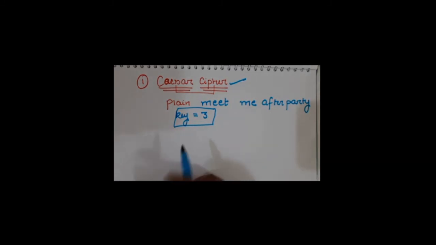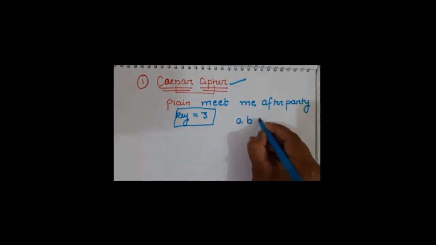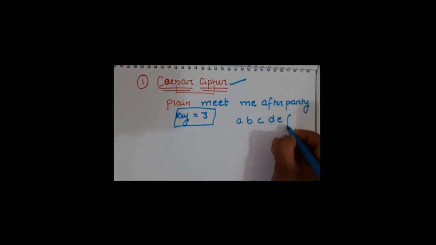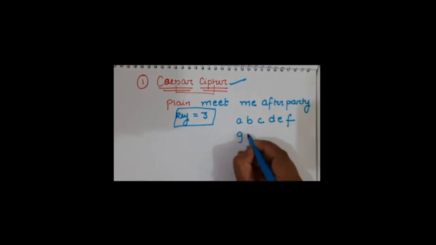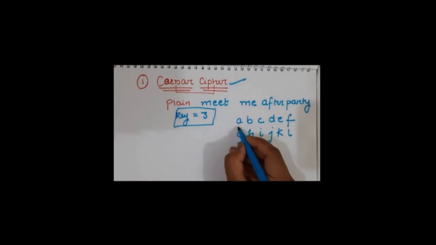If you know the English alphabets, A, B, C, D, E, F, G, H, I, J, K, L, M, N, O, P, and similarly all the alphabets, a number is assigned to each of these alphabets.